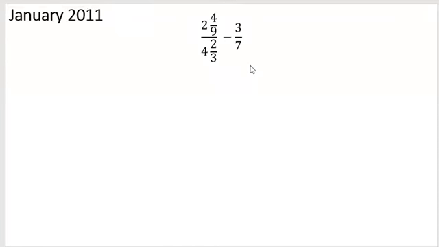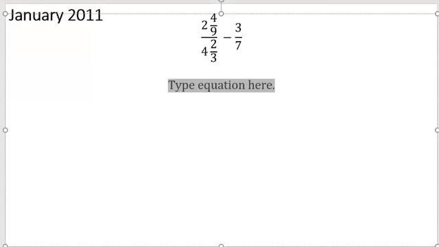So January 2011. What we have is a fraction dividing by itself minus 3/7. So what we need to work first is 2 and 4 upon 9 divided by 4 and 2 upon 3, and the result that we get, we will subtract 3 over 7. So it is 2 nines 18 plus 4 22.